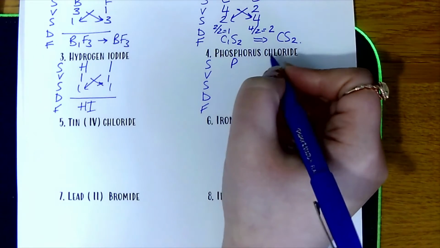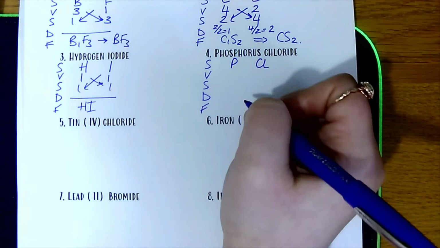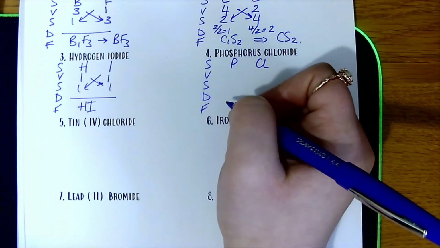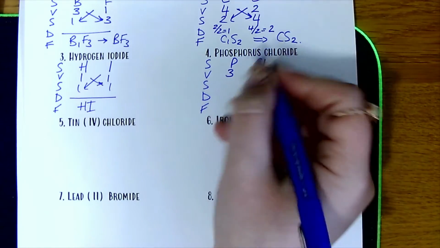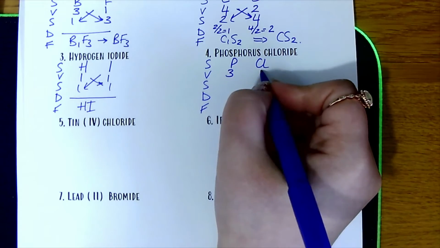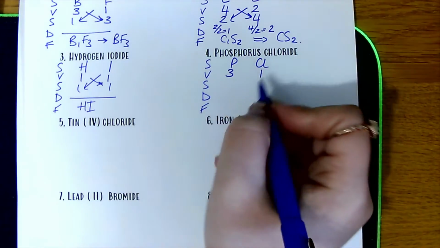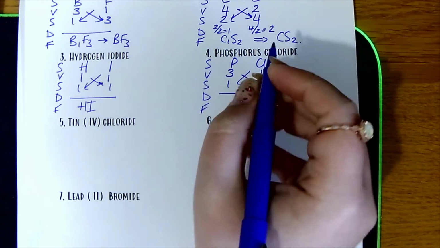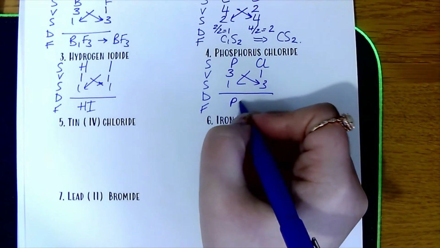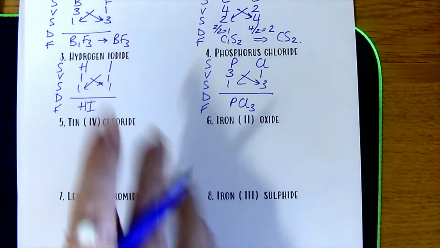Phosphorus has symbol P, chlorine has the symbol Cl. The valency for phosphorus is 3. It's in group 5, but it has 3 unpaired outer electrons. Chlorine's group 7, 1 unpaired outer electron. We swap these. We cannot divide them. And our final formula is PCl3.